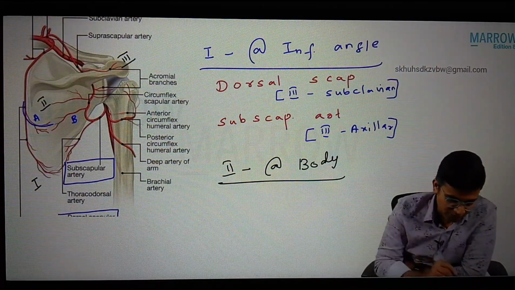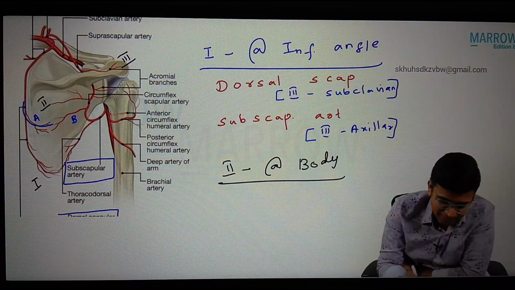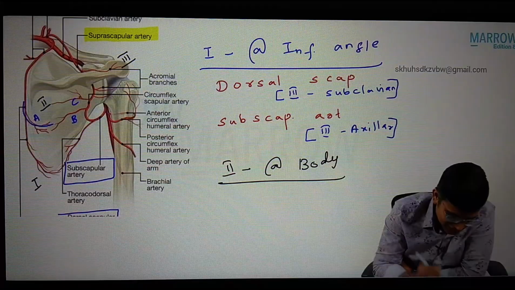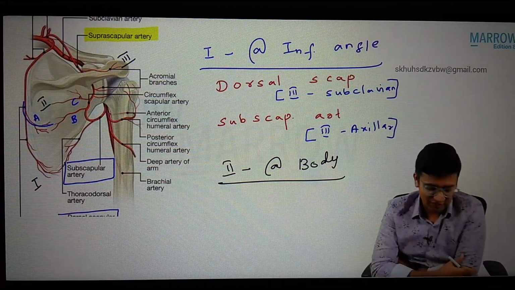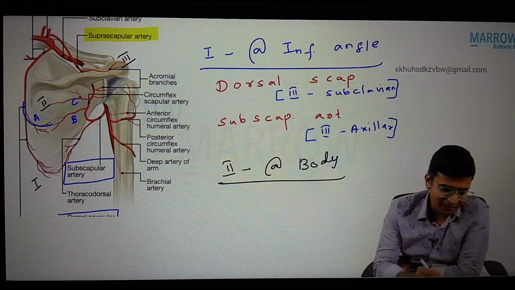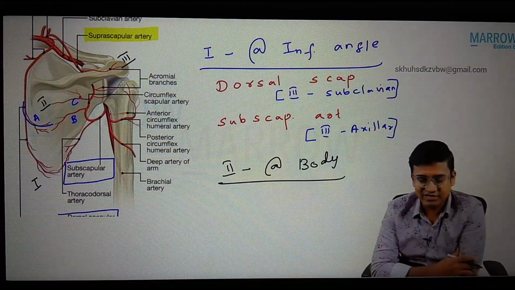We have one more contribution from the suprascapular artery. See this branch. So 3 vessels are involved in the anastomosis over the body of the scapula: dorsal scapular, suprascapular, and circumflex scapular.